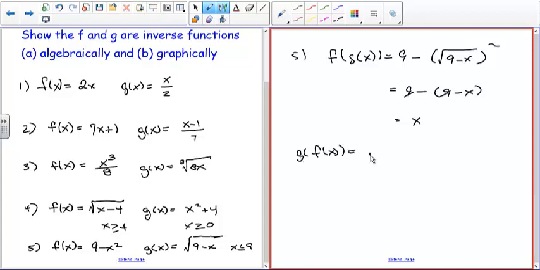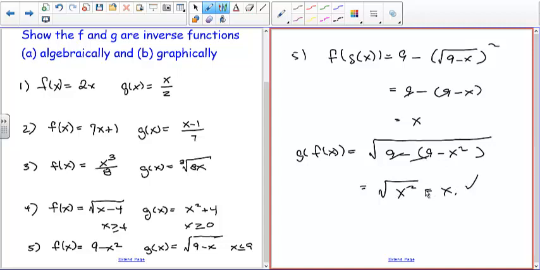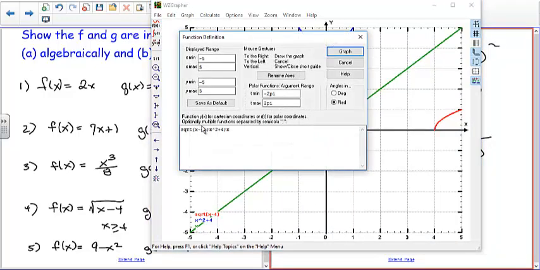So we take the square root of 9 minus x, but for x we put in 9 minus x squared. So these cancel out again, and so we get the square root of, usually have a negative times a negative, so it's positive, square root of x squared, which is x. So that's analytically.